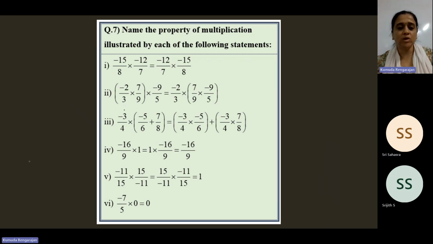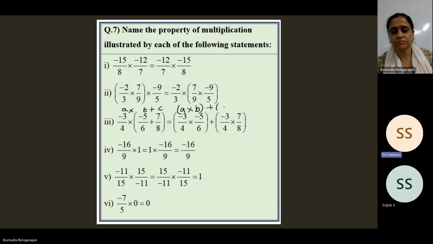See here. Let me call this A into, this is B plus C. Can you see something like that? Yes, ma'am. So what is minus 3 by 4 on this side? A, B or C? A. The operation is multiplication. What is minus 5 by 6? B. Here plus. What is minus 3 by 4? A. Into, what is 7 by 8?